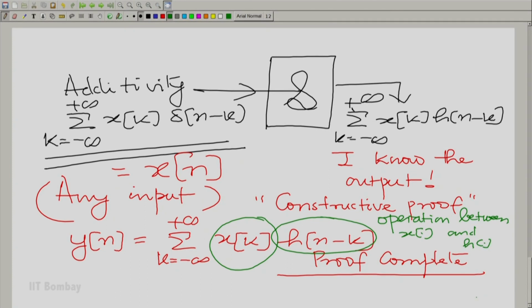This operation can be given a name. In fact, we will give it the name convolution, as we did for continuous variable systems. So, we will say when we convolve x with h, we get the output y, and remember x, h and y are sequences, not numbers.